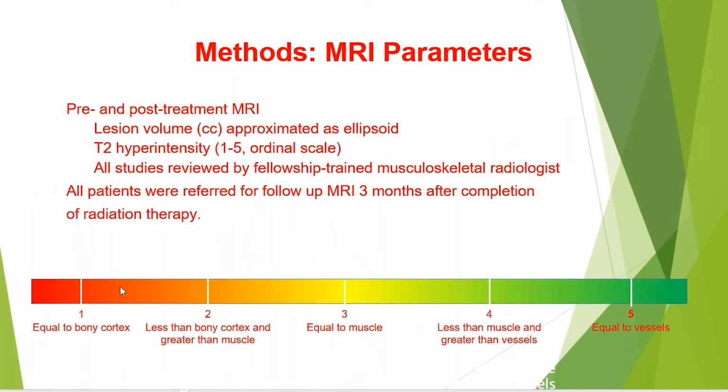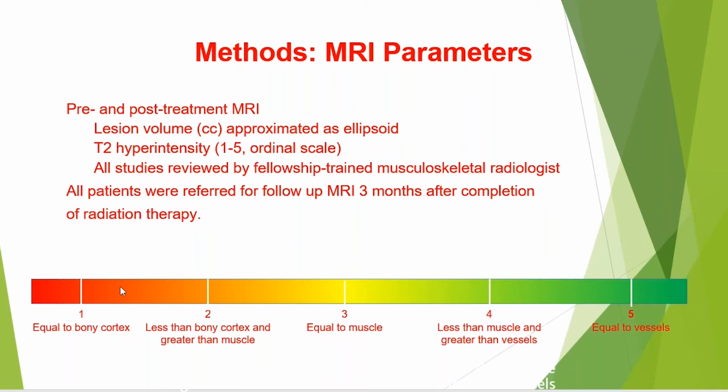From our original 2018 publication, we did show how we graded with Dr. James Banks, who at the time was our fellow in musculoskeletal radiology. And you see we developed a 1 through 5 ordinal scale regarding T2 hyperintensity. In that original publication, we also looked at contrast enhanced imaging and found that that really didn't add.